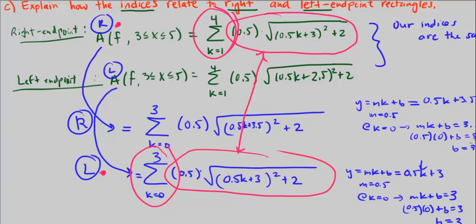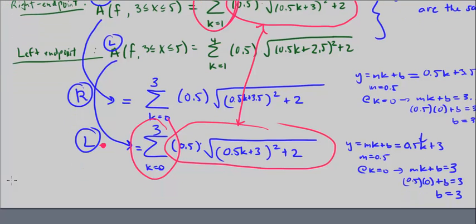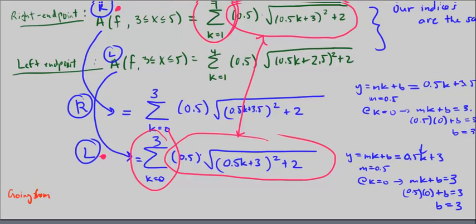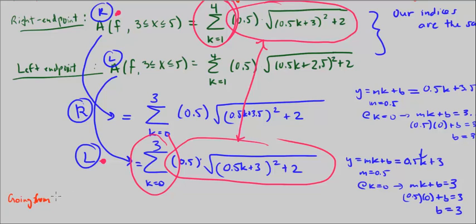Remember, if we start at right endpoint and go to left endpoint, just subtract 1 from the indices.